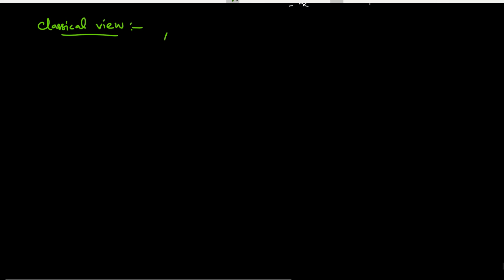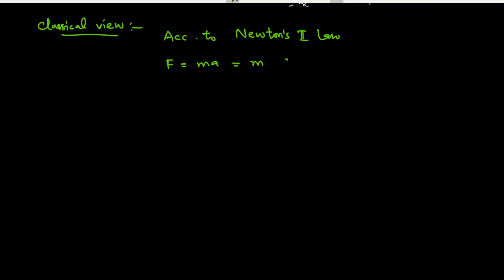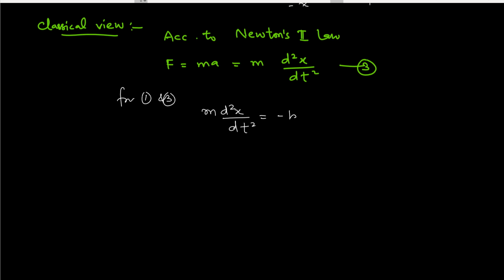So according to Newton's law, F is equal to ma. So a can be written as the double derivative of displacement. So this is equation number 3. So from equation number 1 and 3 we can write this is equal to minus kx.